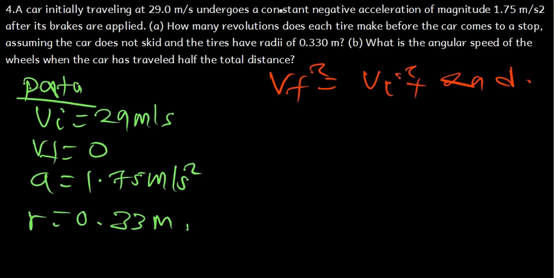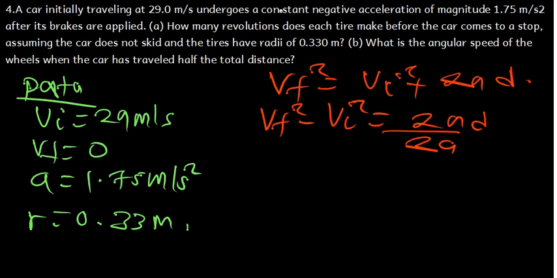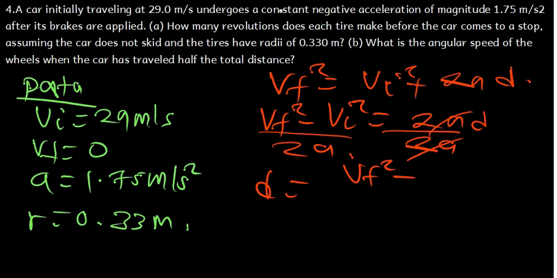My goal is to find d. V final squared minus v initial squared is equal to 2ad. I'll divide both sides by 2a, and these two cancel. I'll have d equal to v final squared minus v initial squared divided by 2a.